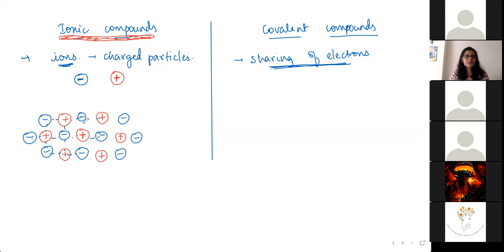So you can't define ki ek molecule kidhar hai. No one is able to say ye dono mila ke ek molecule ban rahe hain, or is it these two forming a single molecule? You can't figure out kya ho raha hai.